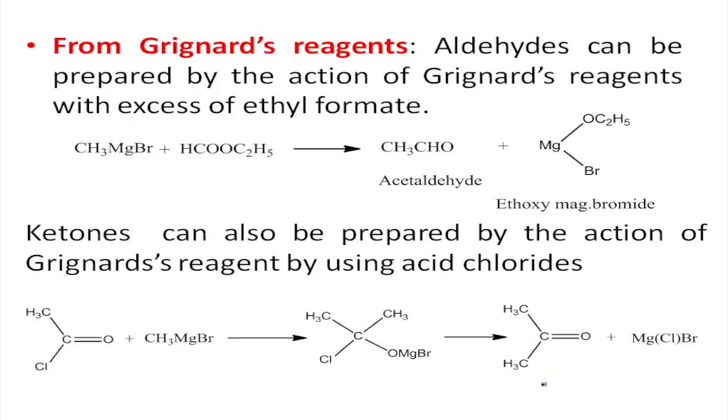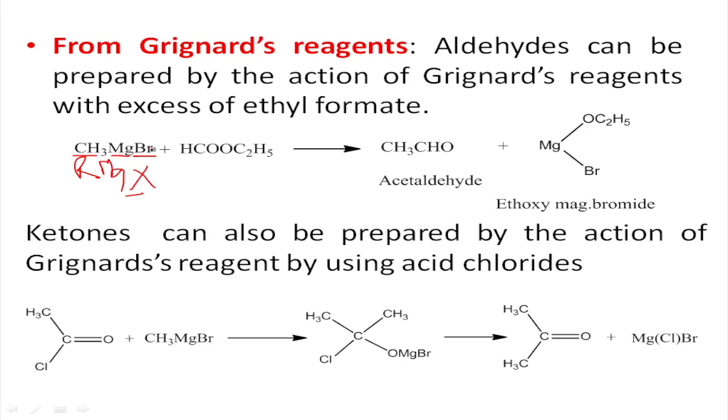Second one, Grignard's reagent. Aldehydes can be prepared by the action of Grignard's reagent with excess of ethyl formate. Grignard's reagent, CH3MgBr. The general formula is RMgX. R is an alkyl group, Mg is magnesium, and X is a halide: you have Cl, chlorine, bromine, iodine.